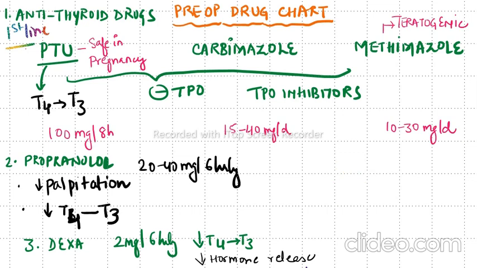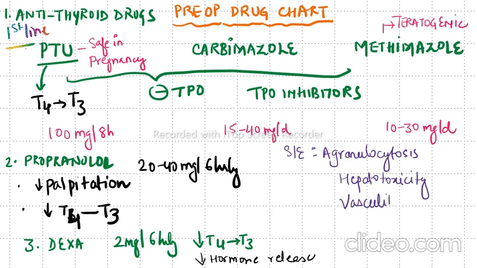You may get a question like, what are the side effects of antithyroid drugs? The most common important ones are agranulocytosis, hepatotoxicity, vasculitis, and teratogenicity.